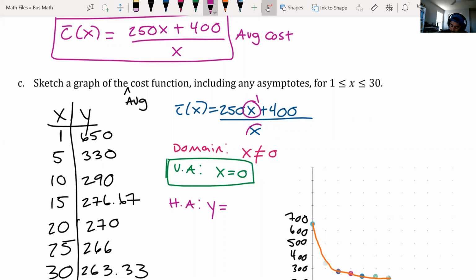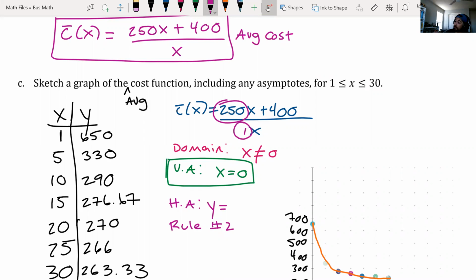Here, the power of the denominator is 1. This is going to use rule number 2. Since the degree of the numerator and the degree of the denominator are the same, you put the leading coefficients over one another.